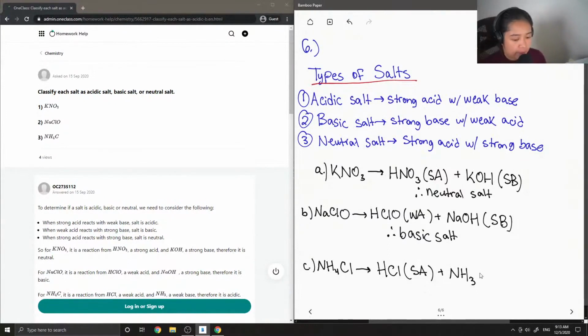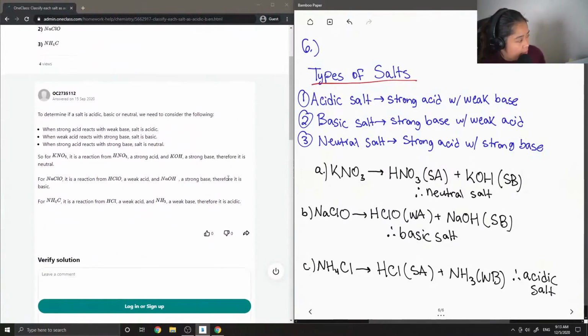Plus ammonia, which is a weak base. So therefore, this is an acidic salt. Okay, so these are the three different types of salts.